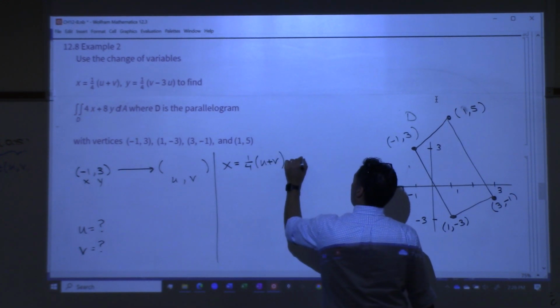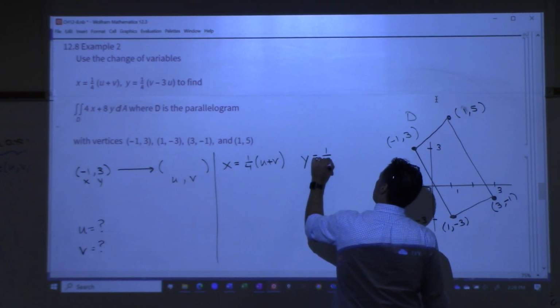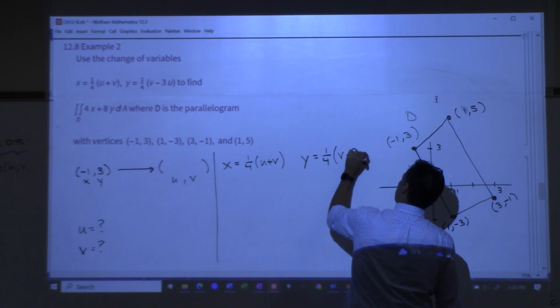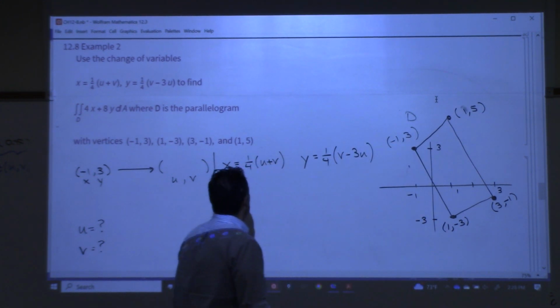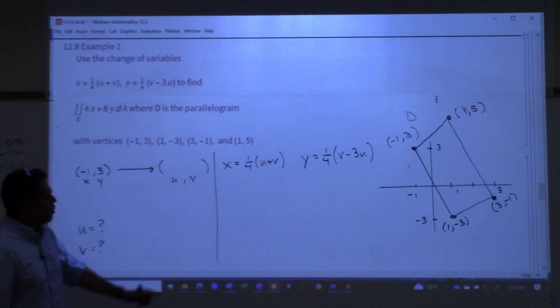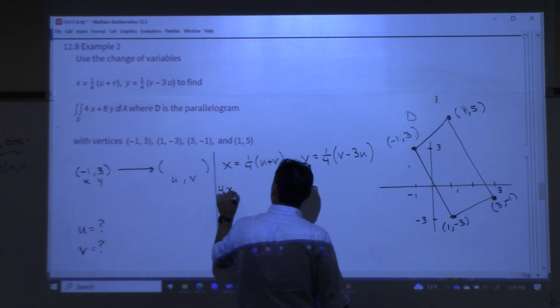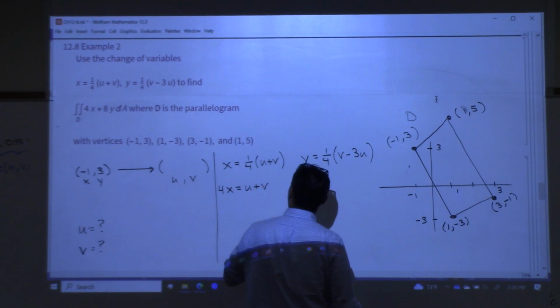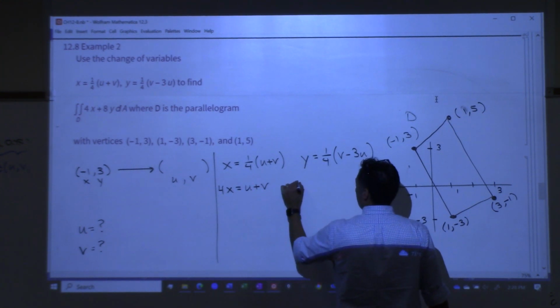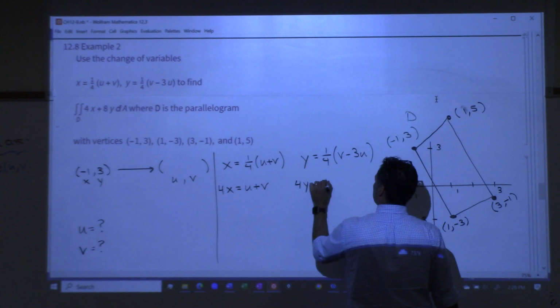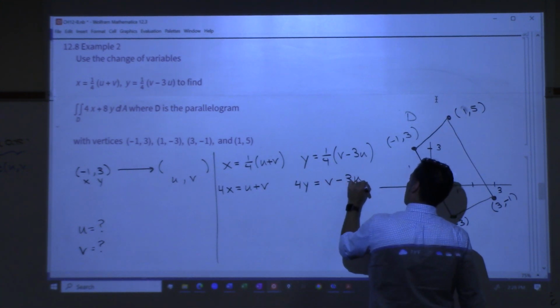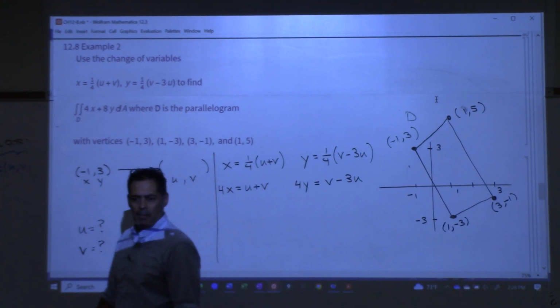And then y is 1/4 v minus 3u. Let's work with this one. I'm going to multiply both sides by 4. And over here, I'm going to multiply both sides by 4. That just killed off the fraction, right?